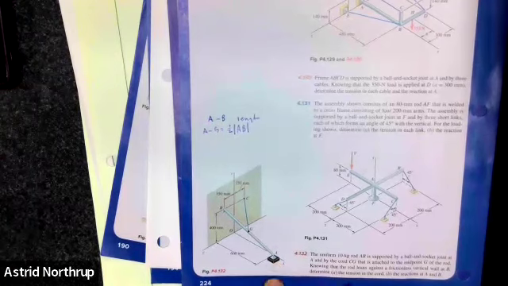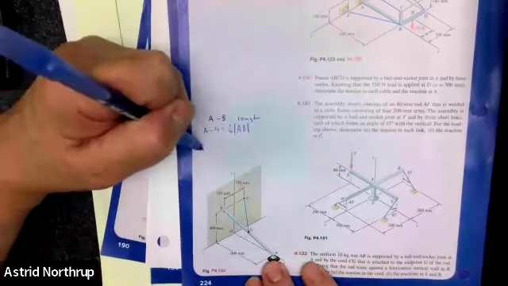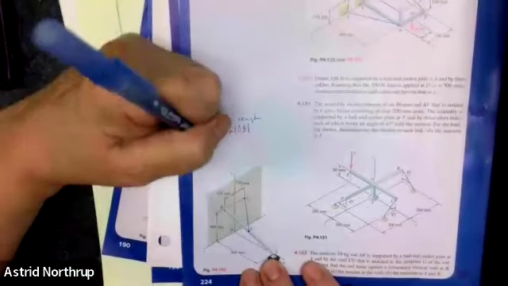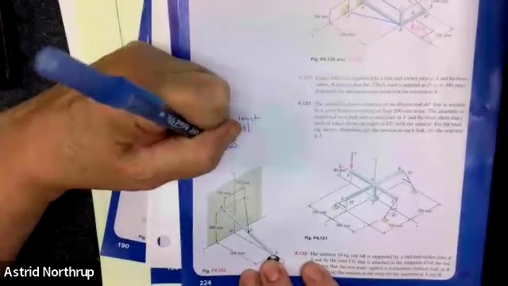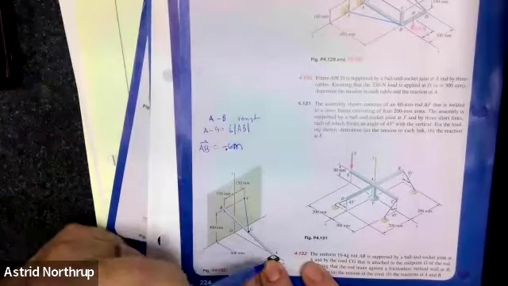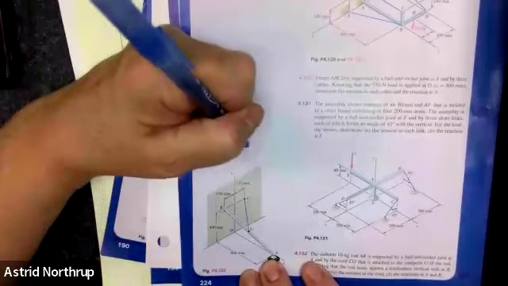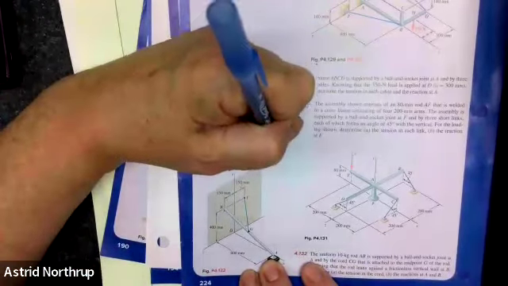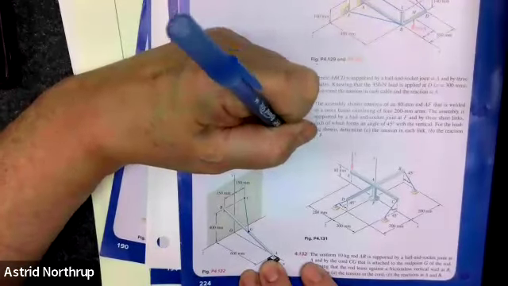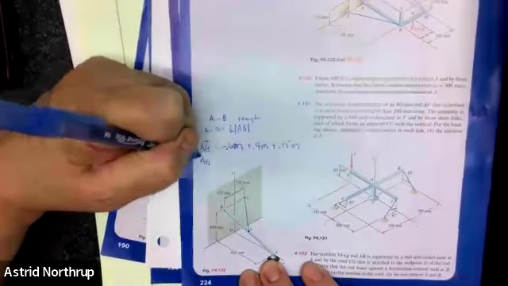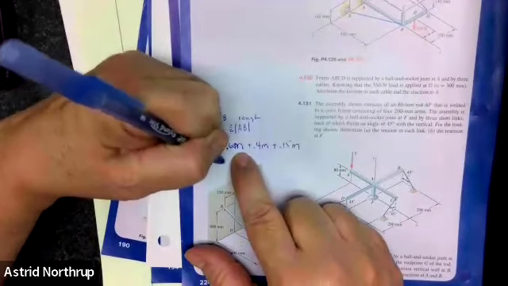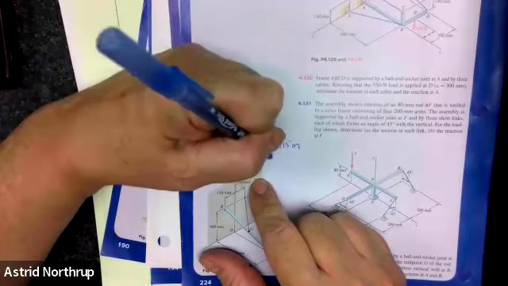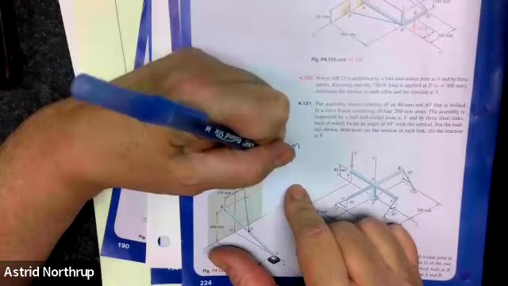So let's do vector AB. From A to B, in the X direction, we go -600 millimeters, I'm going to say 0.6 meters. Then it goes up 0.4 meters, and then it cants out of the page, which is positive 0.15 meters. Since G is at the midpoint, AG is going to be -0.3 meters plus 0.2 meters plus 0.075 meters.